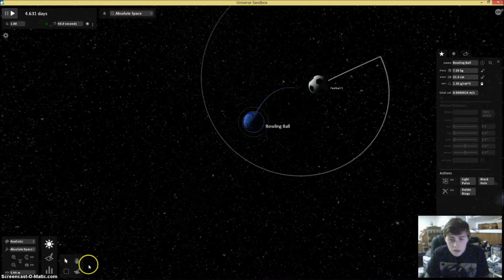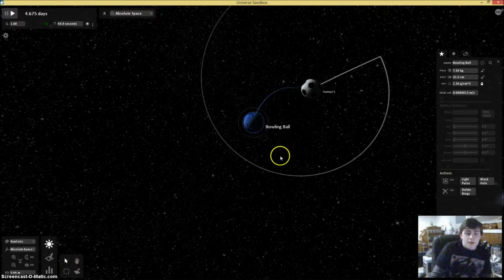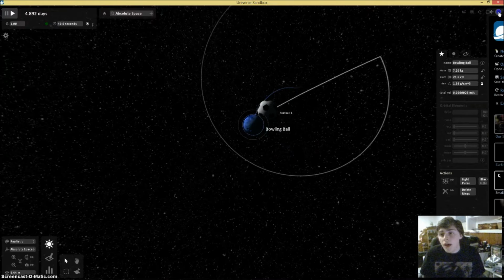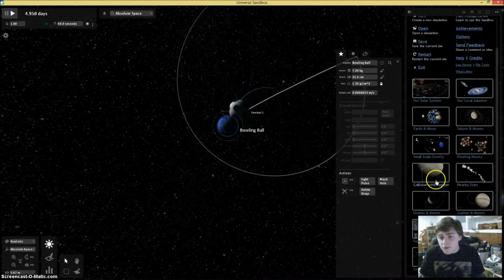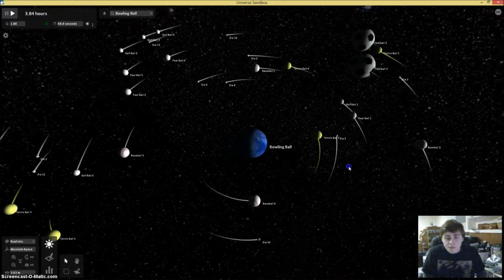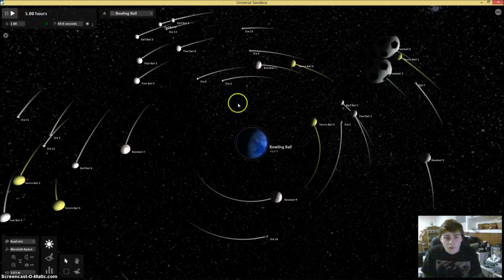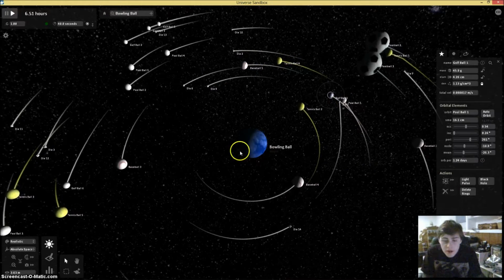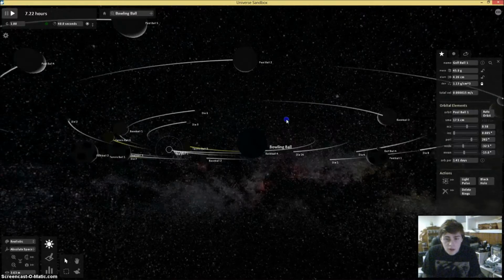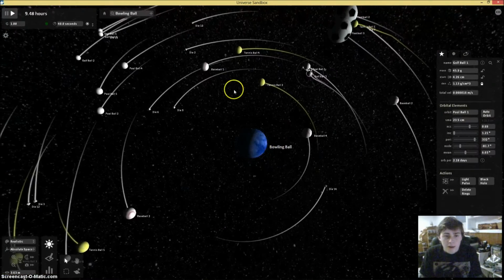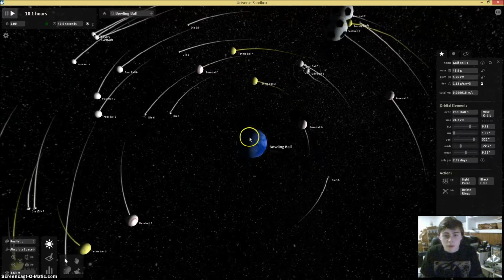The biggest problem with small-scale gravity is that there are so many small-scale objects. If you've got a bunch of different little objects, as in this demo simulation, every single baseball, tennis ball, golf ball, everything pulls on each other to an extreme extent, and it affects the orbit of absolutely everything.